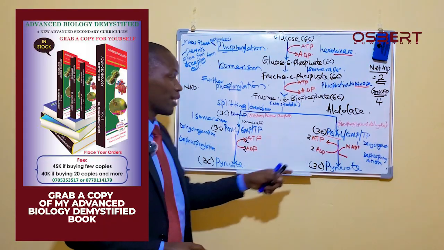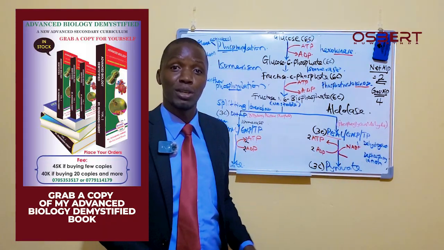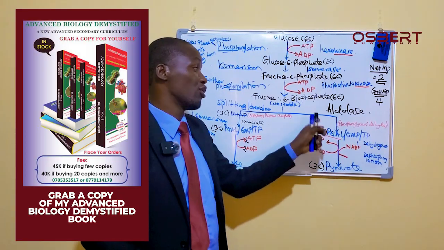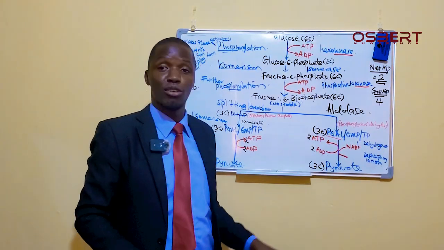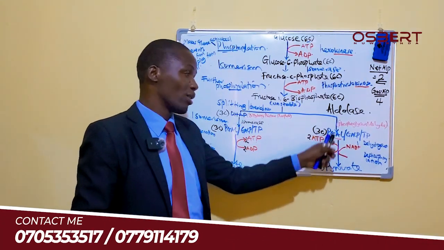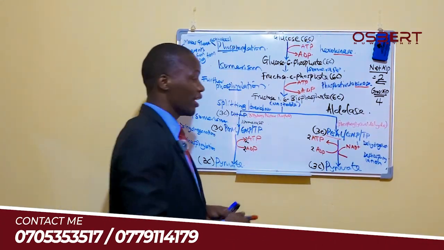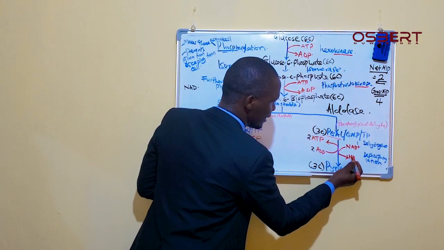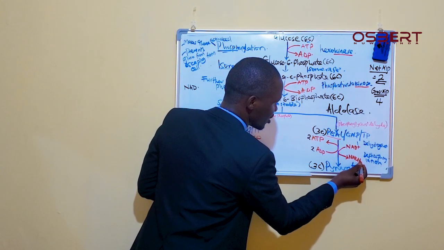When this NAD comes in this reaction, it is able to pick hydrogen atoms. It picks hydrogen in the form of protons, and once it picks the protons, what happens to it? This NAD becomes NADH.